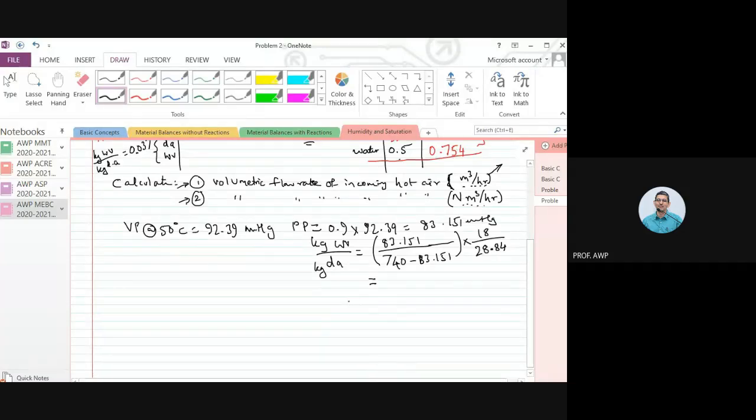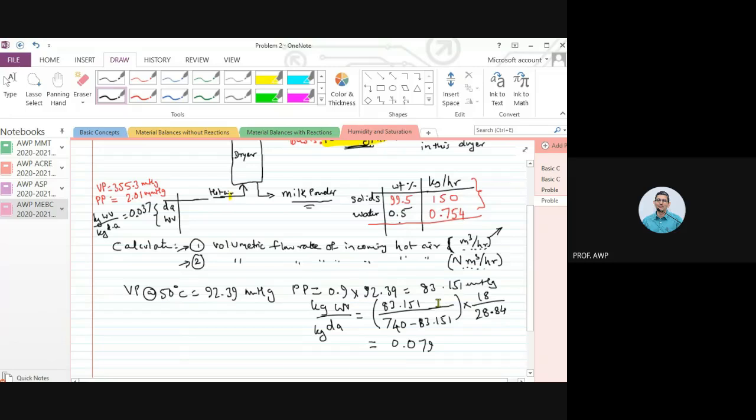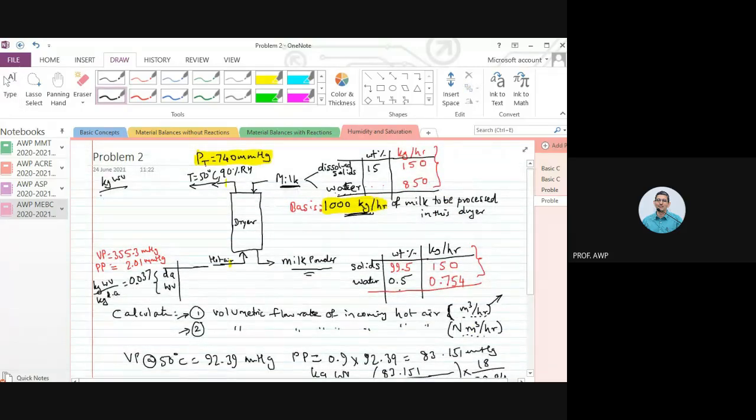Somebody calculate and tell me. 0.079. So this outgoing air is going to have 0.079 kgs of water vapor per kg of dry air.